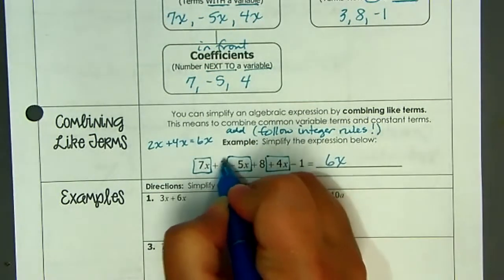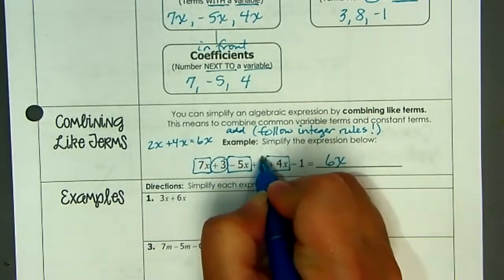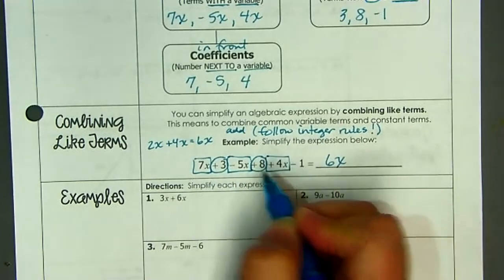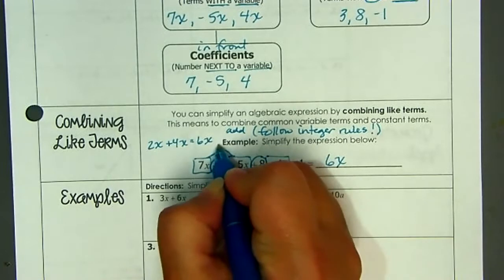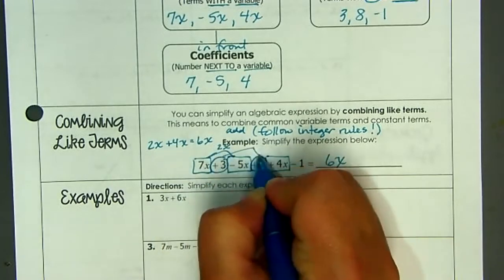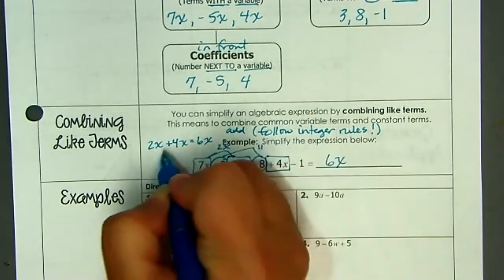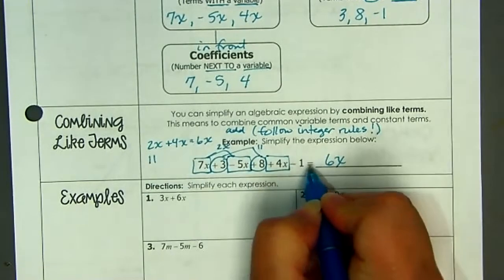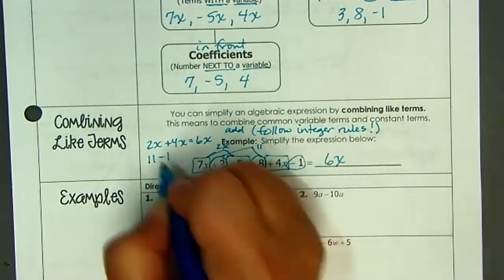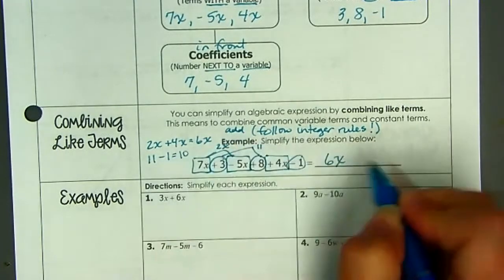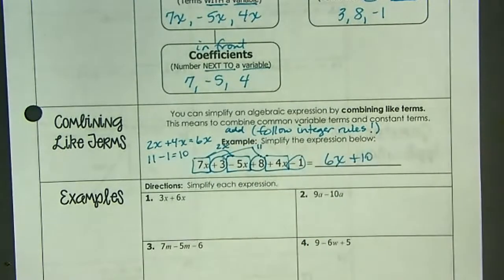And then I'm going to do my constants. So I have 3 plus 8, that gives me 11. So now I have 11 minus 1, which gives me a positive 10. Since it's a positive 10, it's plus 10.